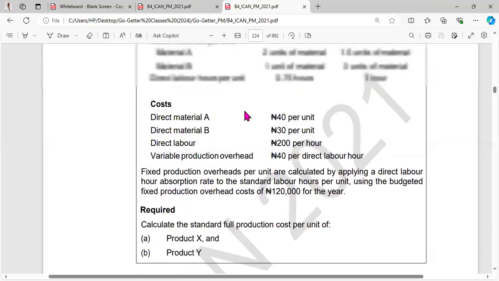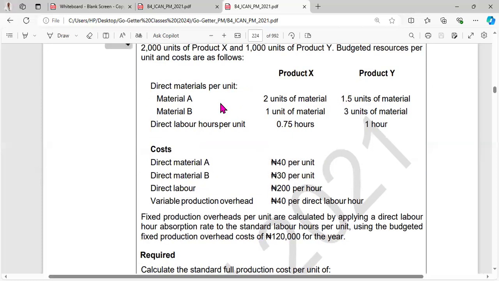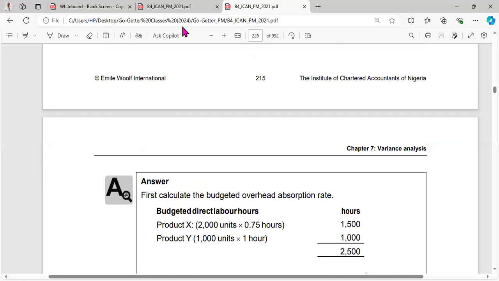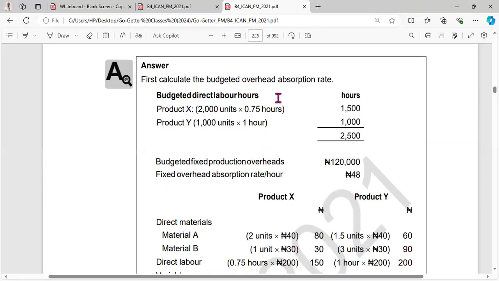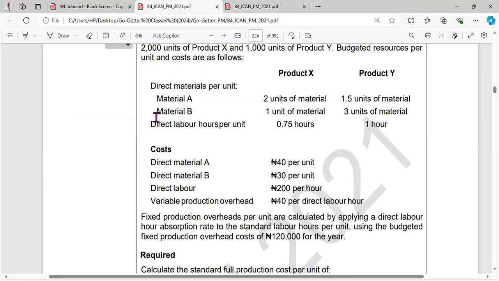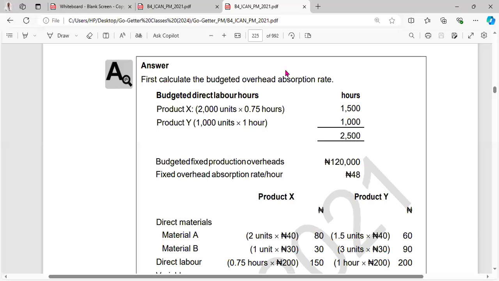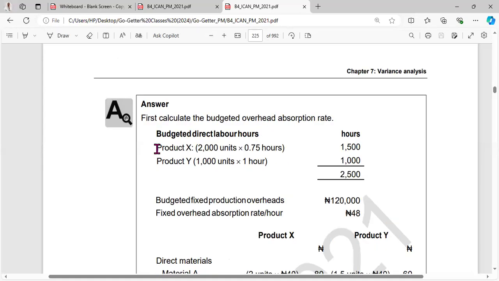Just a moment. Now let's go to solution here. Let's calculate the budgeted overhead absorption rate first. That's what is done first.